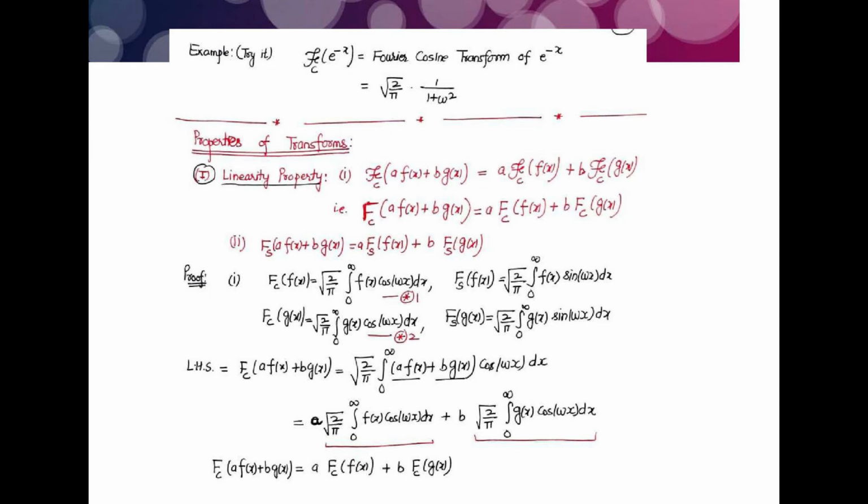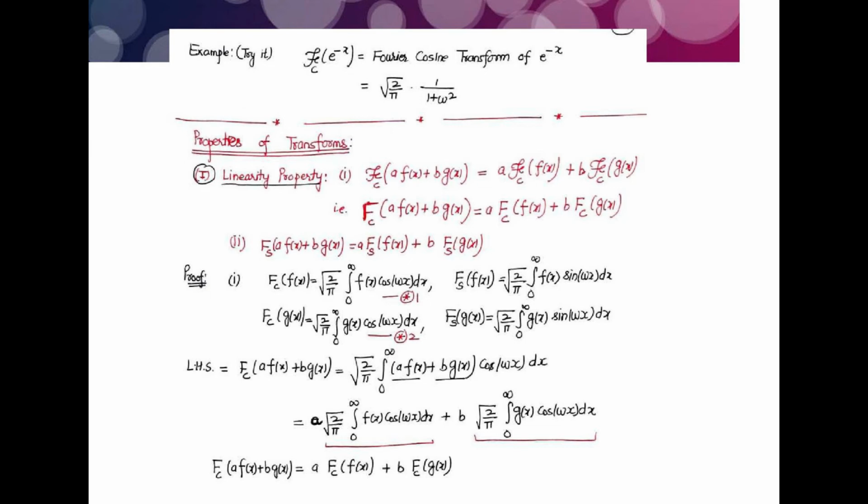Now to prove the first property, I will start with the left hand side, that is the Fourier cosine transform of a times f of x plus b times g of x, equal to square root 2 upon pi, integration 0 to infinity. Put the value of the function, that is a times f of x plus b times g of x, cos of wx. Now this integral is a linear operator, so you can separate it.